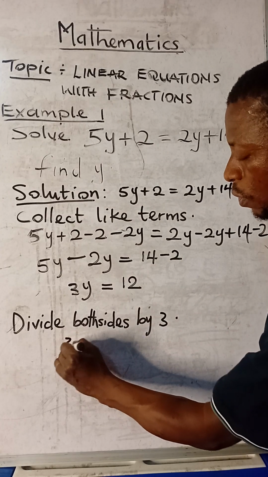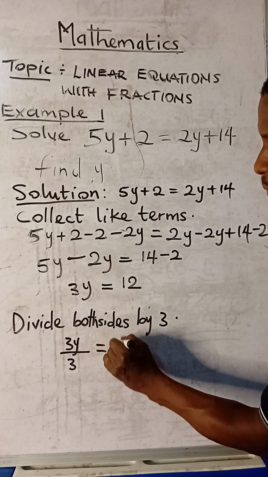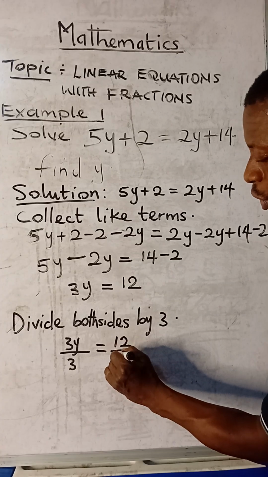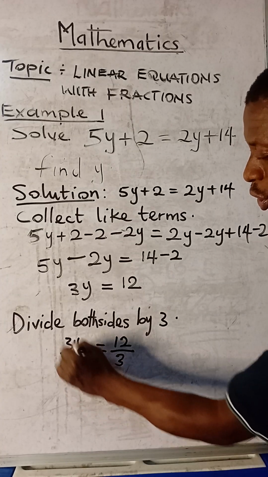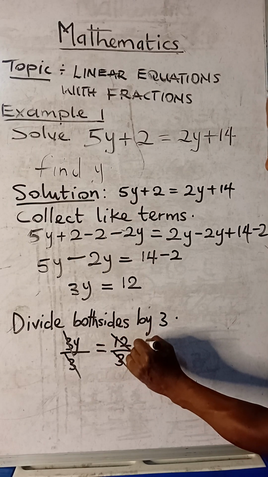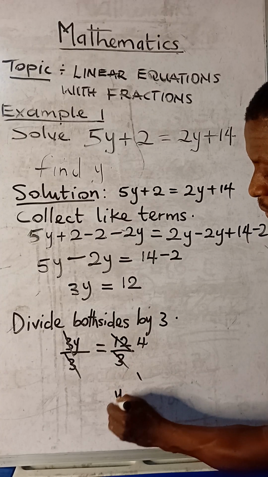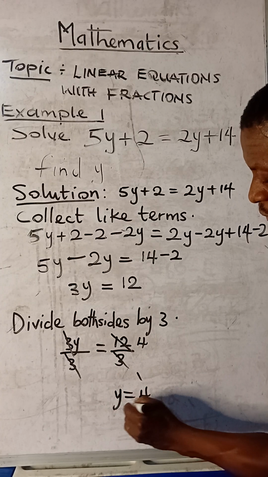So we have 3y divided by 3. That is to help us get the value of y, which is our interest. So this will take this off, and 12 divided by 3 gives us 4. So it means your y is 4.